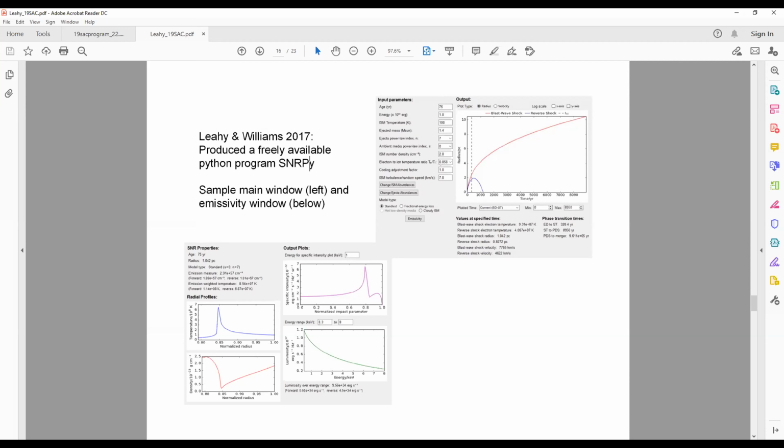Although I've included the Cox and Anderson formula here, so if you don't put anything here, it automatically calculates the electron-ion temperature. Okay, you can also do things like get emissivity plots, surface brightness profile plots, and total spectrum.